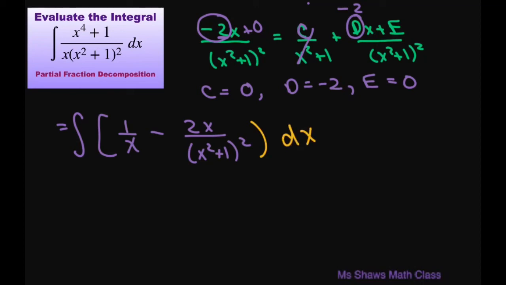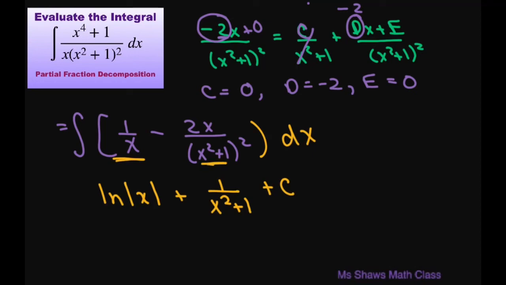Now, when you integrate this, this is going to be ln of the absolute value of x, and this piece right here is just going to be plus 1 divided by (x^2 + 1) plus C.